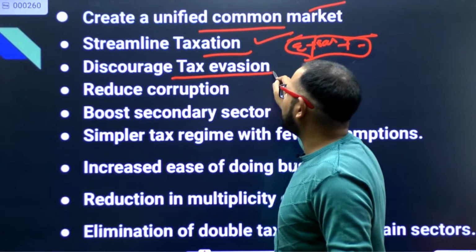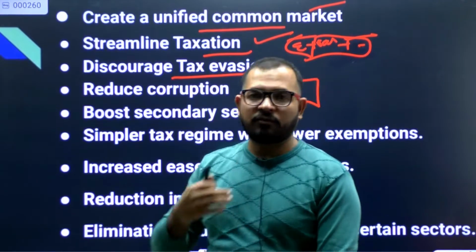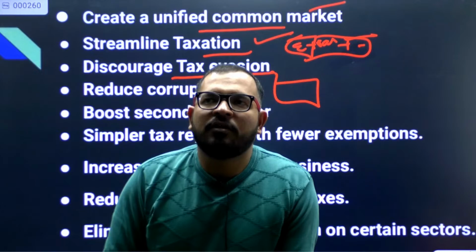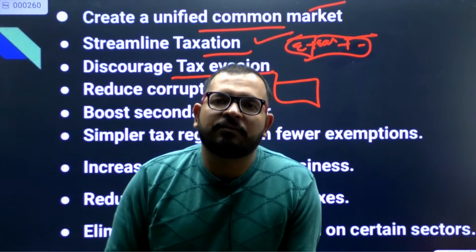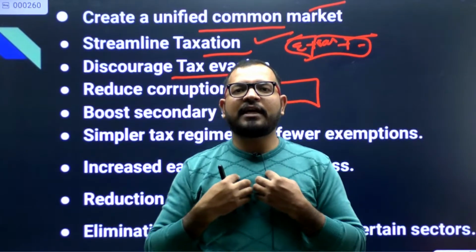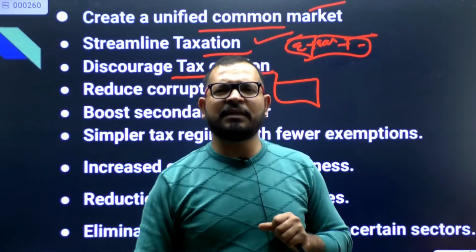It discourages tax evasion. For example, let's say that trader, which is me, is not properly following the invoices. I am basically evading the tax. So what will happen? When I evade the tax, I will not enter my invoices at the GST portal.